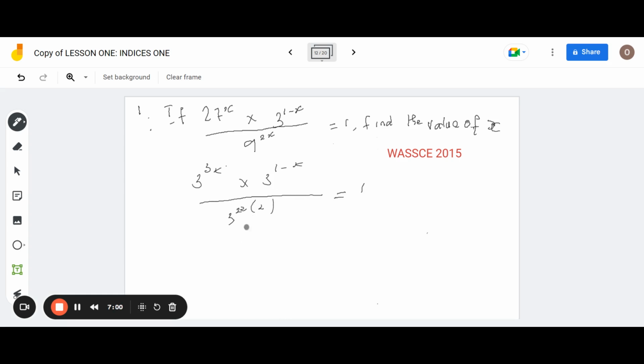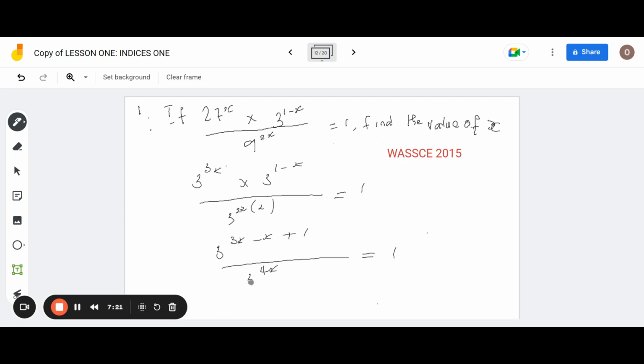Now the numerator will give us 3 raised to the power 3x minus x plus 1, over 2x times 2, which gives us 4x, that is 3 raised to the power 4x, equal to 1.